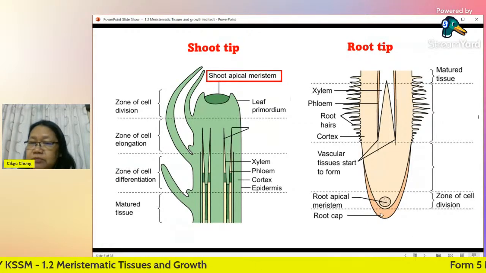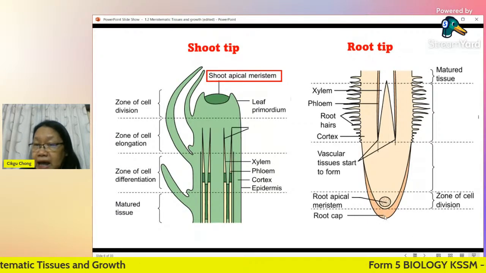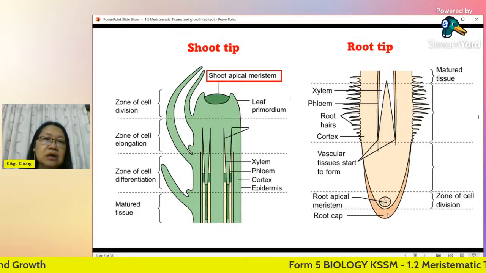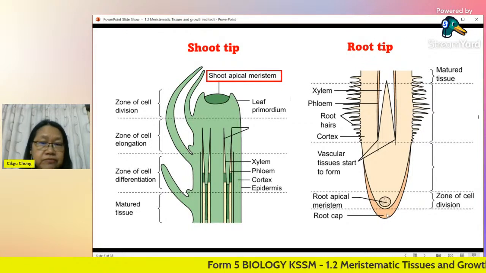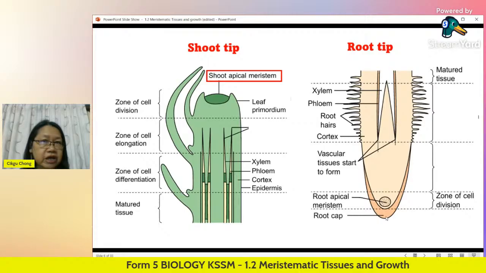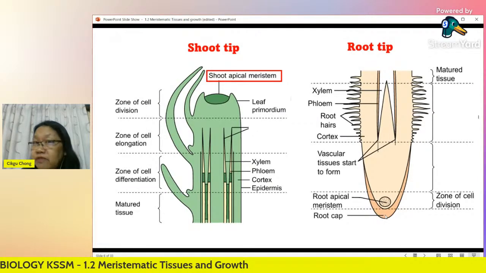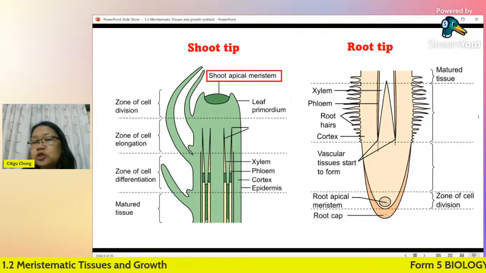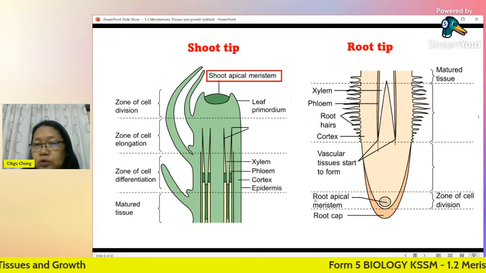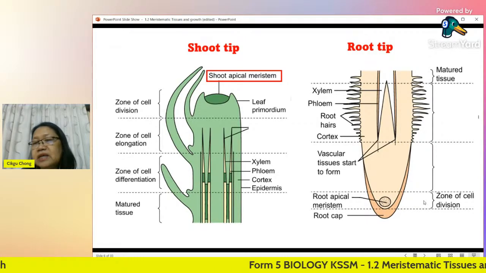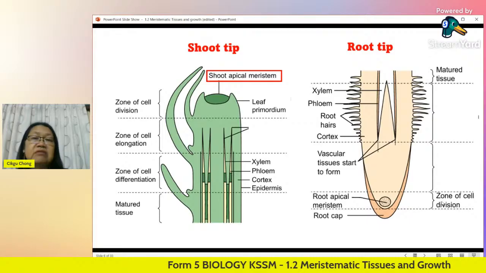At the very tip you have this root cap, which is actually not meristematic tissue. They don't carry out mitosis, but this root cap has an important function, which is to protect the root apical meristem that is in the zone of cell division.